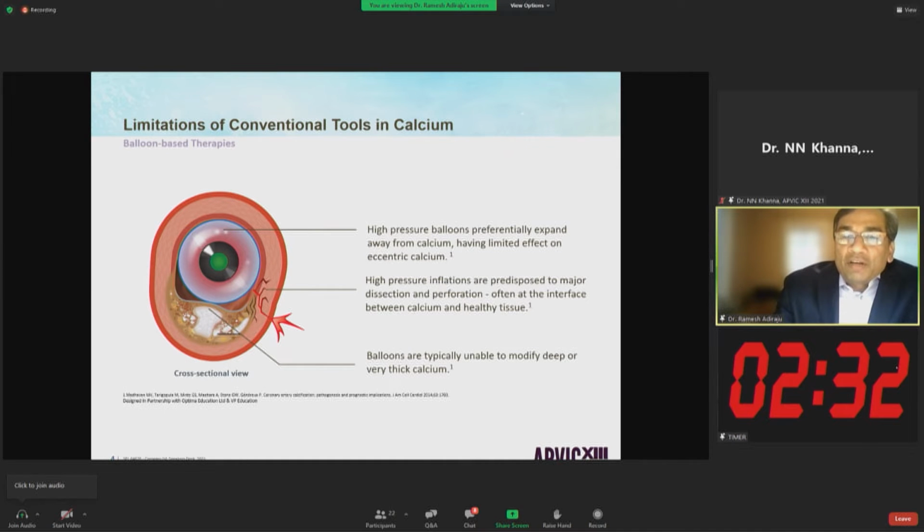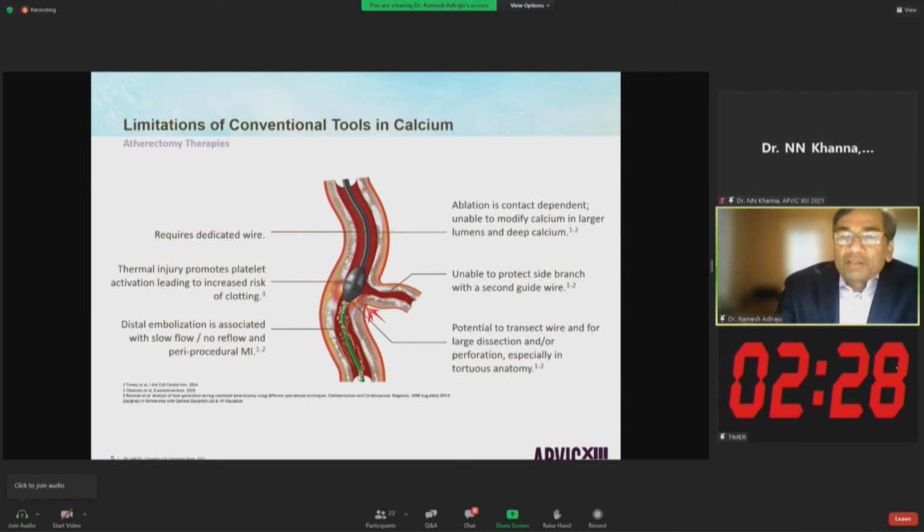And when we try to push our luck, it actually results in a lot of complications. You have distal embolization, vascular injury to the soft tissue, which precipitates fibrosis, reinterventions from progressive recurrence of disease, and loss of side branches, and this kind of thing that makes it complicated to manage these patients.